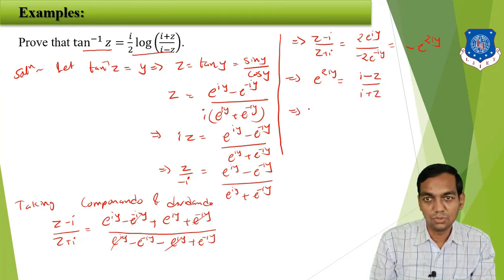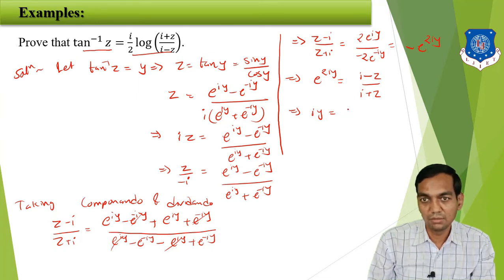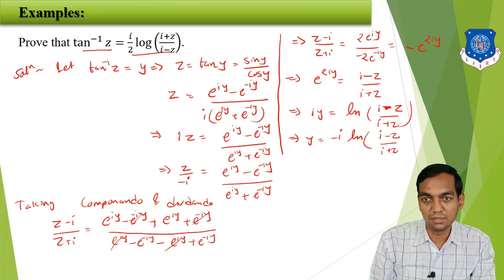And that will give you, if you are going to take a log, then 2iy will be a log of i minus z upon i plus z. And if you are writing this, then 1 upon 2i, that will be a minus i by 2 log i minus z upon i plus z.